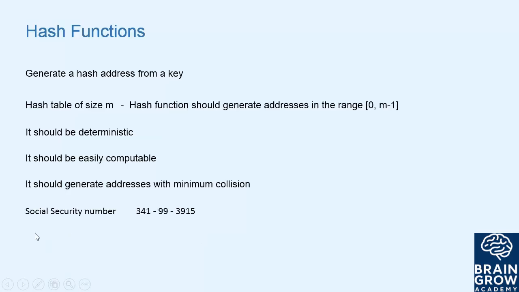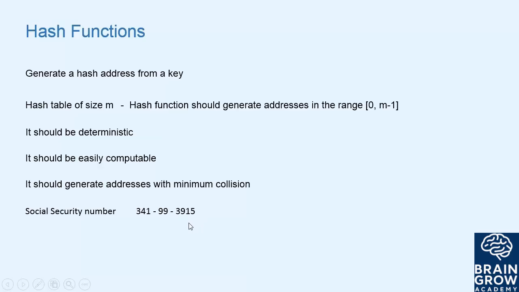For example, if we take social security number as a key, then taking a hash function that uses the first 3 digits is not a good idea, since the first 3 digits represent the geographical area, and so they can be the same for many keys if the data is from the same geographical area, and hence there will be many collisions. So in this case, using the last 3 digits can be a better idea.